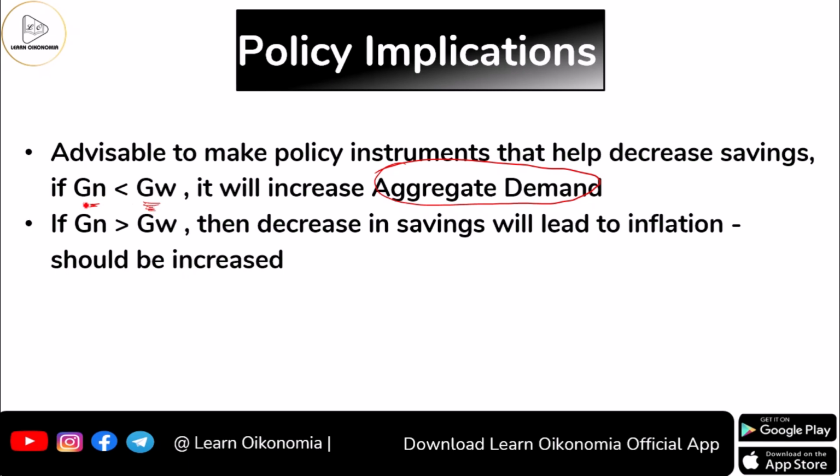So if the natural growth rate is less than the warranted growth rate, or your warranted growth rate is more than the natural growth rate, your aggregate demand will be increasing. And what is the other side? This will be reducing your saving in the economy. Because you know that your income is a sum total of consumption and saving. You will be spending your income for consumption and saving.